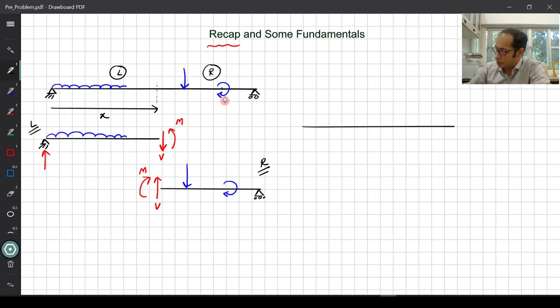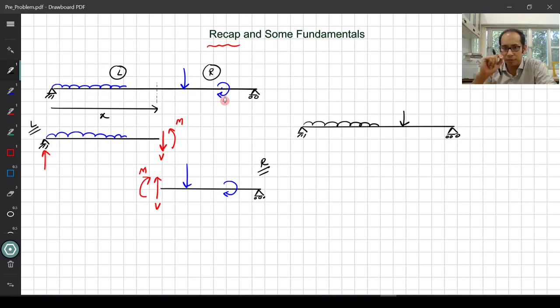Suppose you have a pin support at the left end and a roller support at the right. Regardless of what kind of loading you have, as long as the loadings are intermediate between the left support and the right support, in a simply supported beam, where your pin end and roller end are at the very ends of the beam, you will not develop any bending moment.